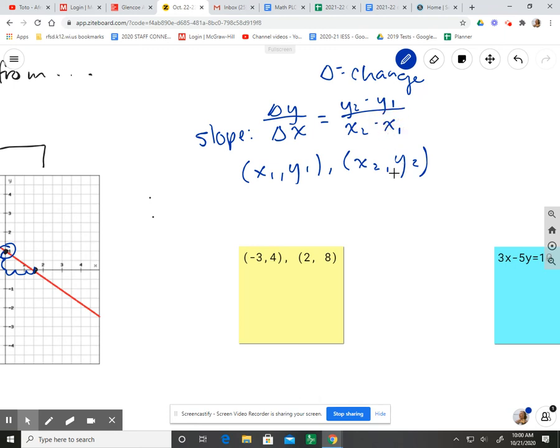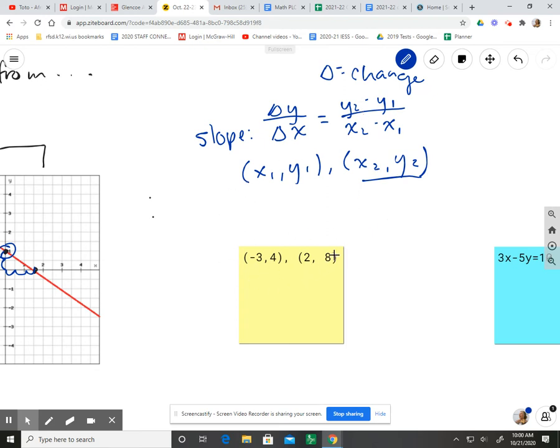X is always on bottom, y is always on top. And if you're going to do your y2 first, you have to do your x2 first. You can't do y2 minus y1 and then x1 minus x2. That's not going to work. You have to pick a point to start with, and we're starting with this point when we're finding our difference.